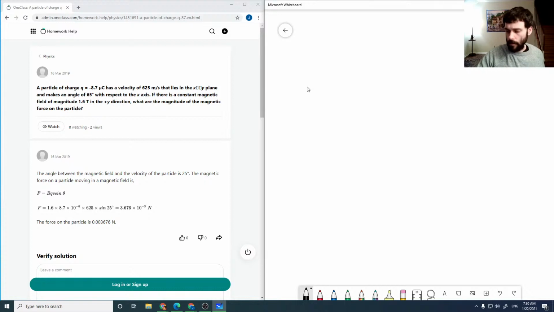Okay, so here we've got a particle of charge Q. Q equals minus 8.7 microcoulombs, sorry.